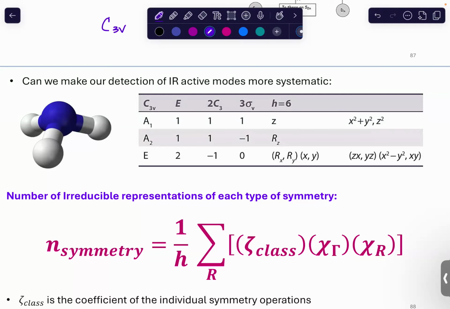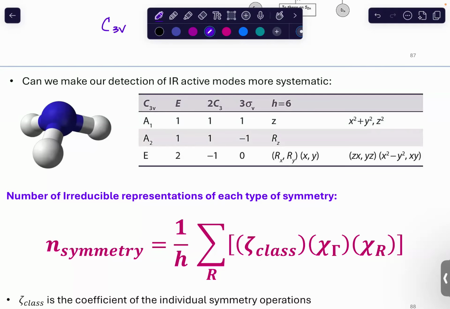So I just use the Greek letter zeta. Zeta is going to be the coefficient of the individual symmetry operations. I like this one because you see the coefficient for E is 1, for C3 is 2, and sigma v is 3.